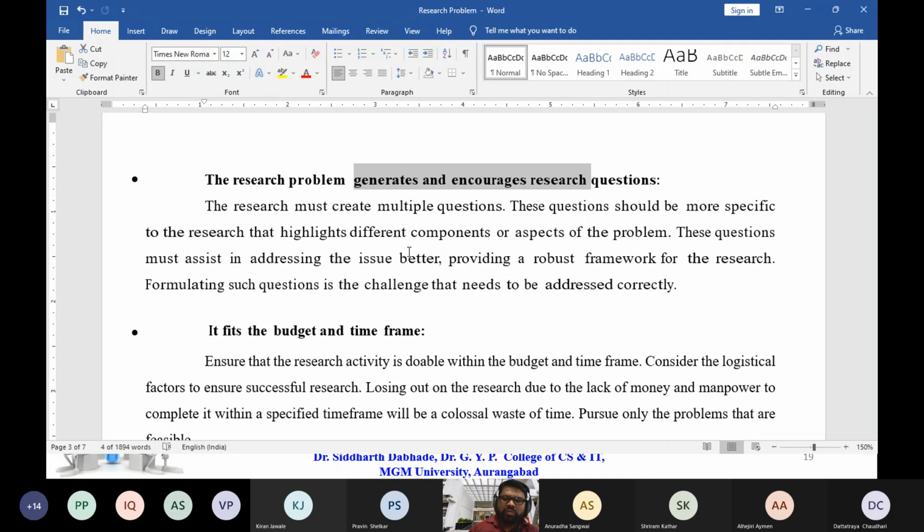So we need to try to create another question when your work has been finished. So a new question should arise. A new question should be upcoming, so that we will be able to make a robust framework for your research.